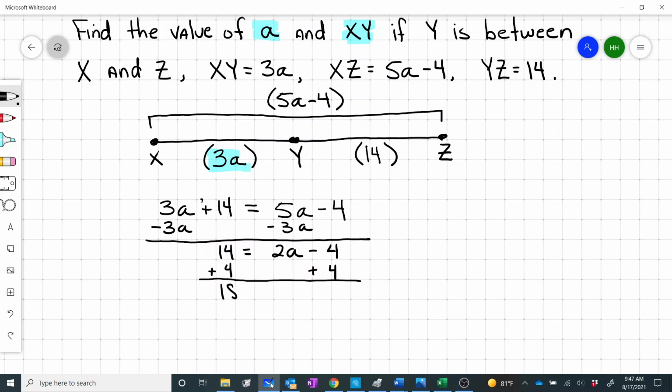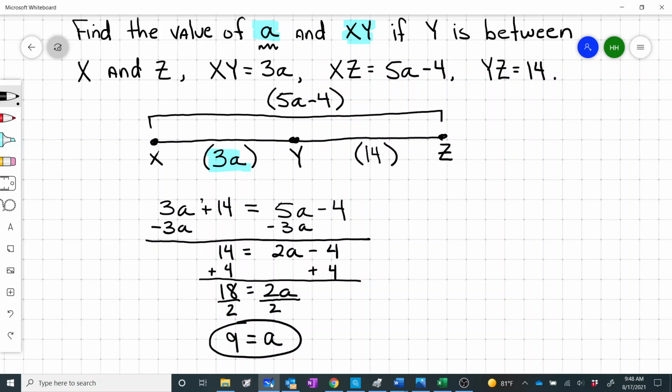This 18 is going to equal 2A. You're going to divide by 2. Nine equal to A. That was the first part of the question.